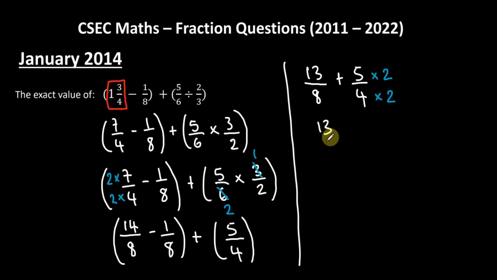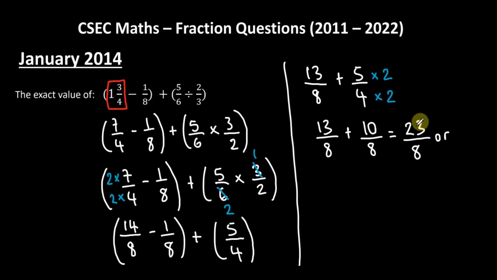So it's 13 divided by 8 plus 5 times 2, that's 10, divided by 4 times 2, that's 8. And now that we have common denominators, we can add the numerators. So it's 13 plus 10, that's 23, divided by 8. Or we could write it as a mixed fraction.